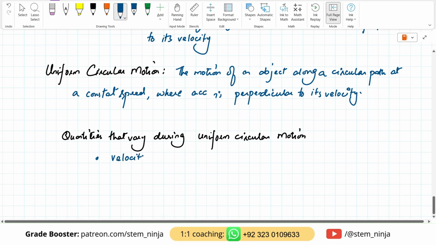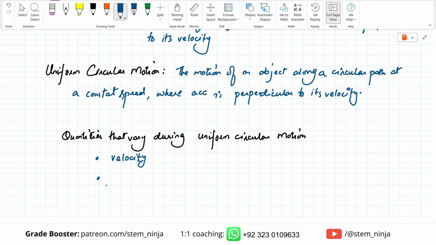We know the velocity is changing. If the velocity is changing, that means there is acceleration. However, acceleration itself is also not constant. Since acceleration is a vector, its direction is also changing.